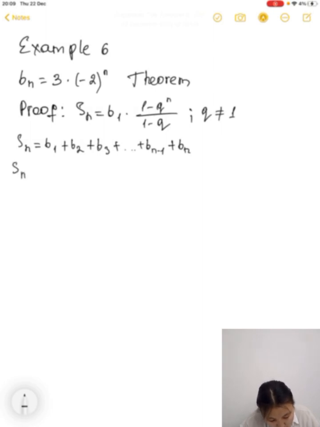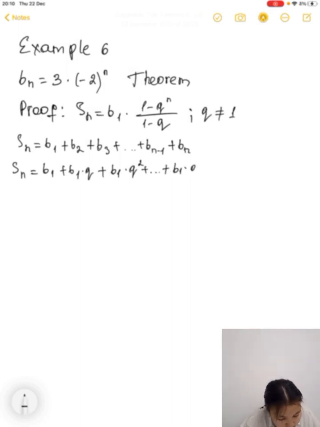Next, S sub n is equal to b sub 1 plus b sub 1 times q plus b sub 1 times q squared plus and so on, plus b sub 1 times q to the power n minus 2, plus b sub 1 times q to the power n minus 1. Call this first.